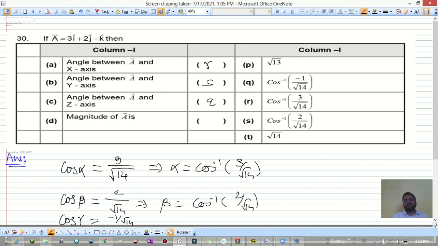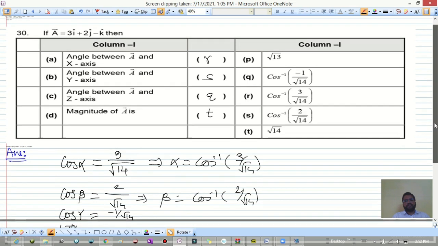And the last one, magnitude of a bar, root 14, that is given in T. So I hope all these questions are clear to you, right? So over here you can write it is R, S, Q, T. Okay, so this is the matrix matching question we have.